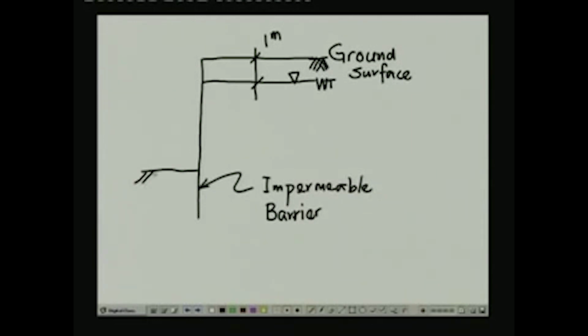This is the bottom of excavation. So this height here is 8 meters, and what I have also given today as supplementary information is that this depth is 4 meter, to which the impermeable barrier was inserted into the ground. Okay, so that is the geometry.